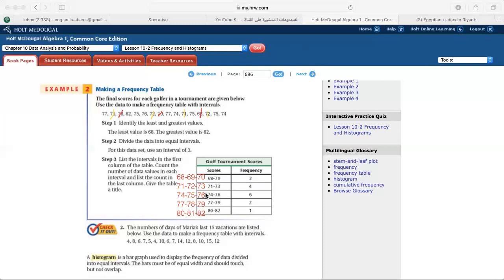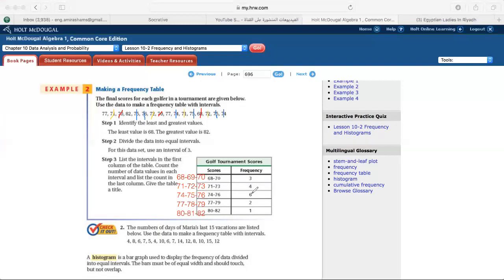For the next interval, which is 74, 75, 76, all the values of this interval are here. 74 are in blue also. 1 and 2 and 3 and 4 and 5 and 6.